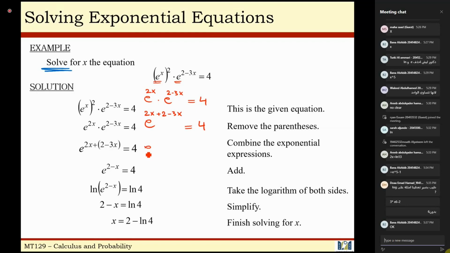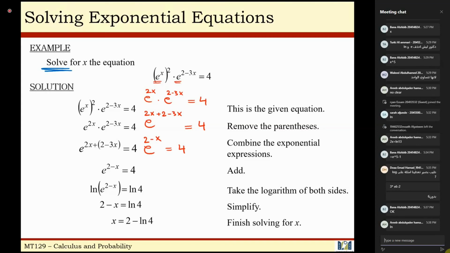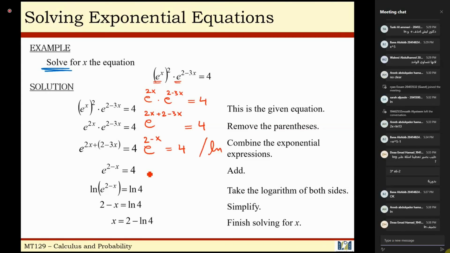After simplifying, we have e to the power 2 minus x, which is equal to 4. Now, to remove the e and put the x on the line, not as an exponent, we must take what? Take the ln of both sides. So we have ln e to the power 2 minus x equal to ln 4.